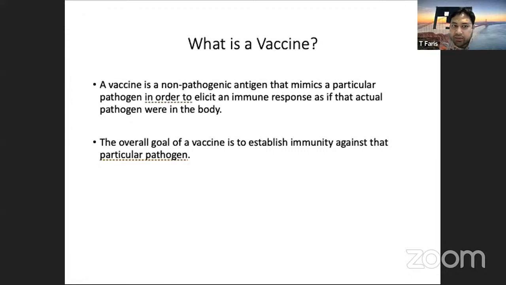And what is the vaccine really? Some books call it a non-pathogenic antigen that mimics a particular pathogen in order to elicit an immune response as if the actual pathogen were in the body. In the case of the COVID-19 virus, SARS-CoV-2, you take the attenuated or weakened virus, introduce it into your immune system, and see what the immune reaction would be.